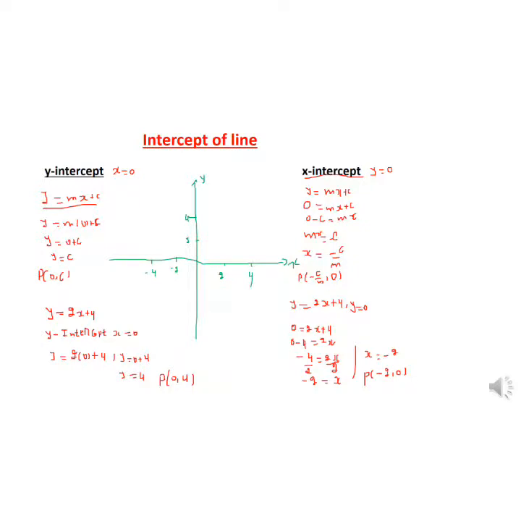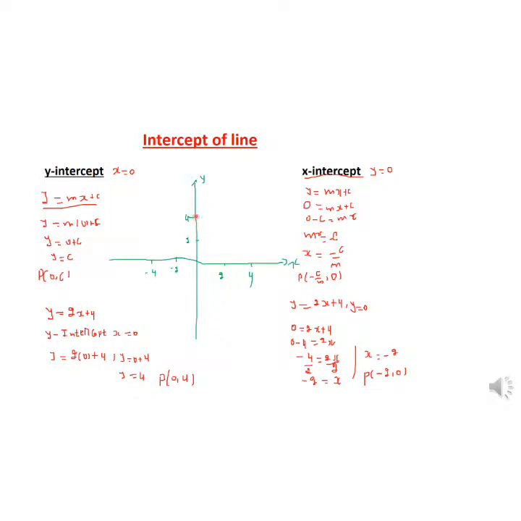So about the x-intercept. The x-intercept is a point where the equation of the line passes through the x-axis. If you draw the equation of the line, the point where it passes through the x-axis is what you call the x-intercept. The y-intercept is a point where the equation of the line passes through the y-axis.